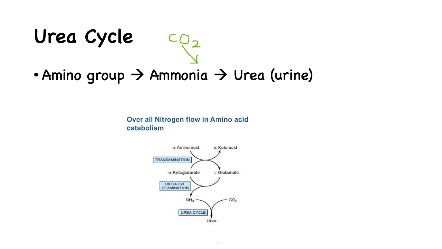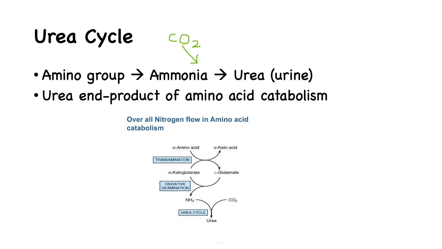The liver cells or hepatocytes then convert the ammonia into urea. This is because ammonia is too toxic to be transported in the blood. Urea, however, can be transported in the blood to the kidneys, where it can be eliminated from the body through the urine. So urea is an end product of amino acid catabolism.